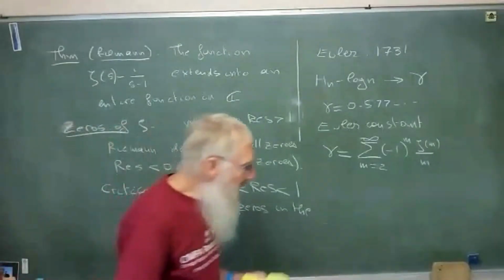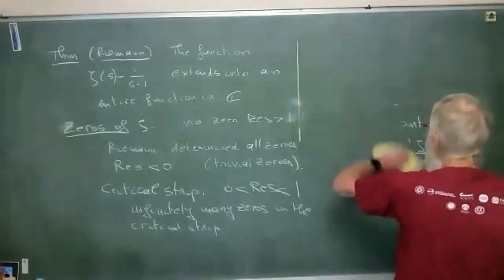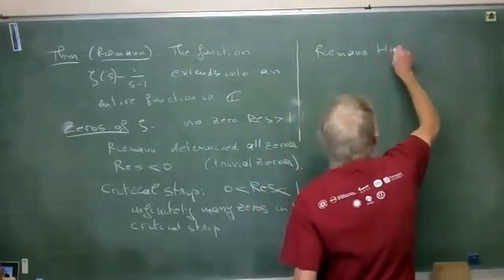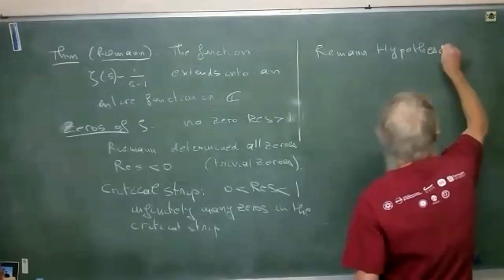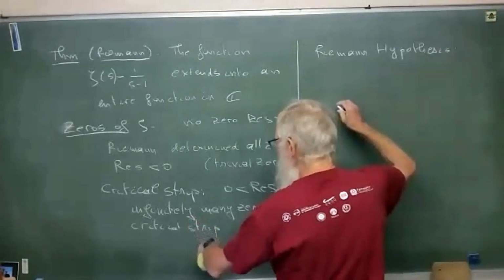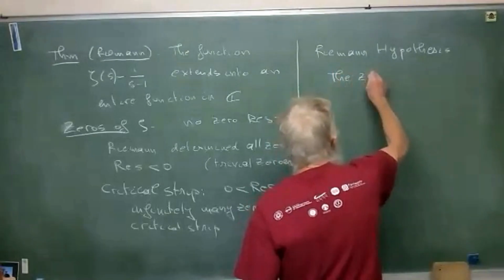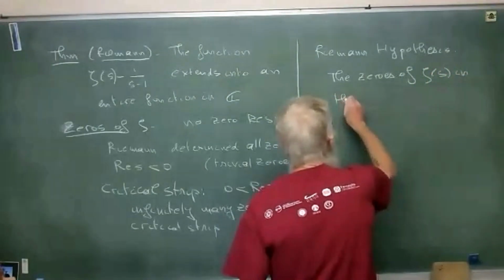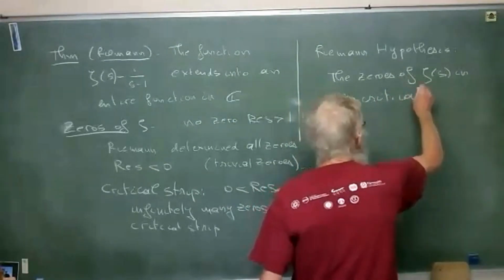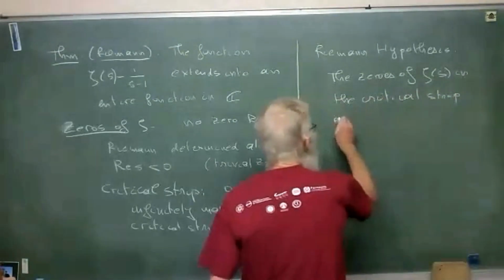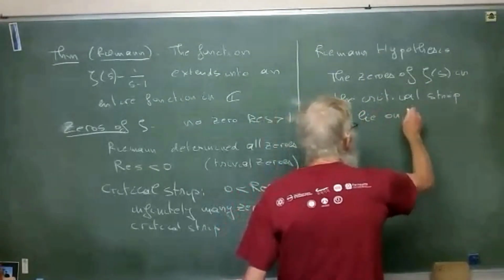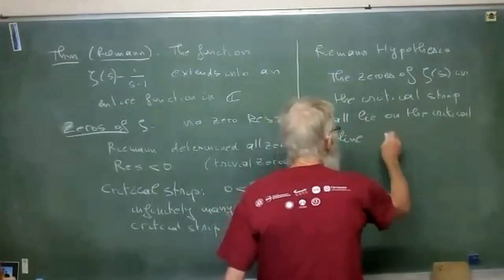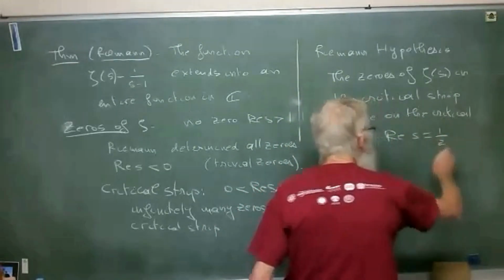And now the Riemann hypothesis, which is open, is that all the non-trivial zeros, so the zeros of zeta of s in the critical strip, all lie on the critical line, which means the real part of s equals 1/2 in the middle of the strip.